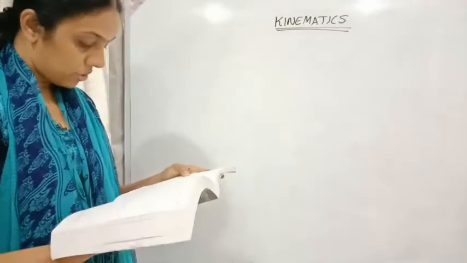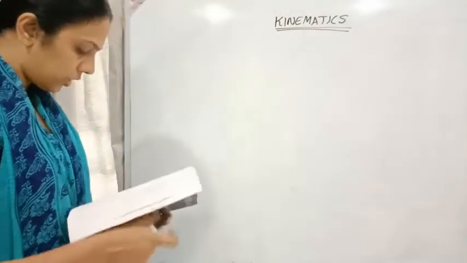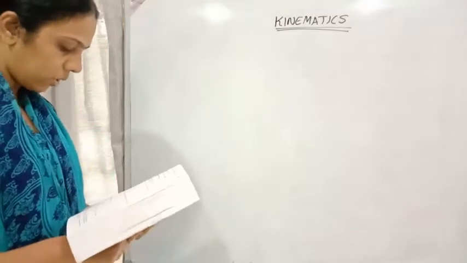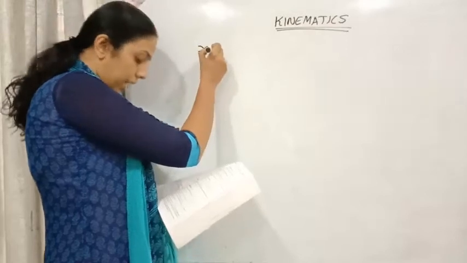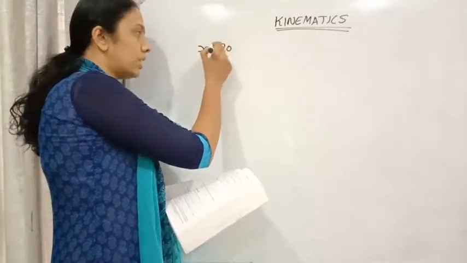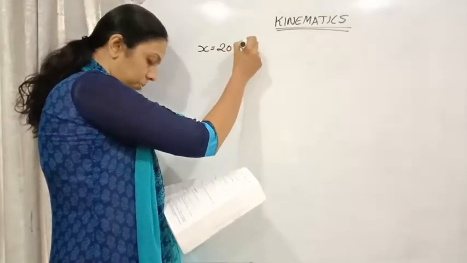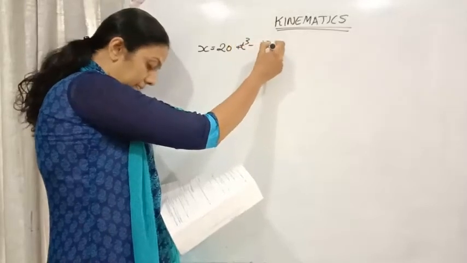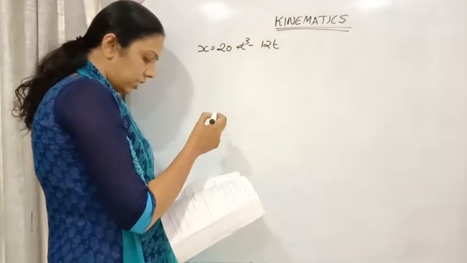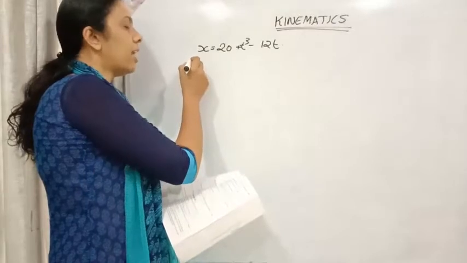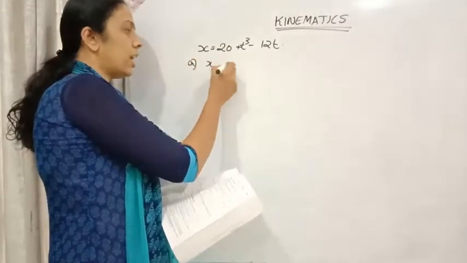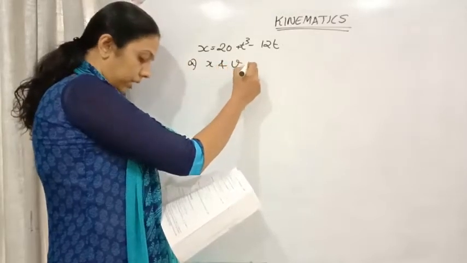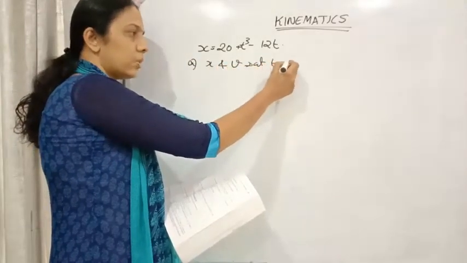First question: the displacement-time equation of a particle moving along the x-axis is x equals 20 plus t cube minus 12t. Find the position and velocity of the particle at time t equals 0.